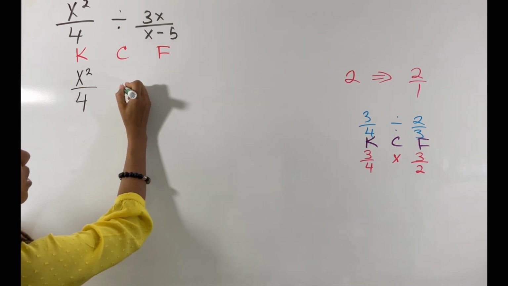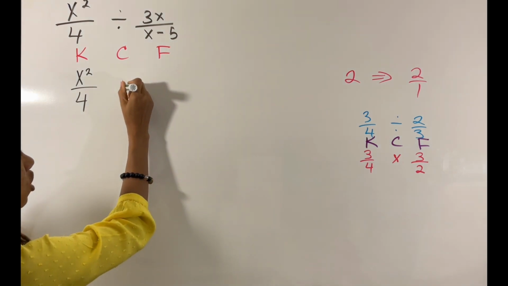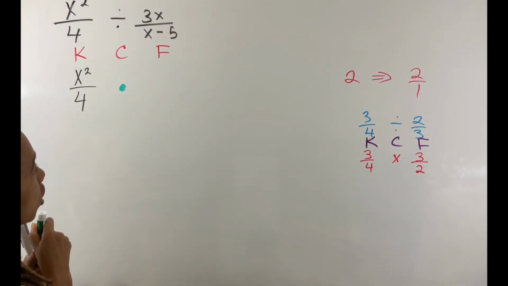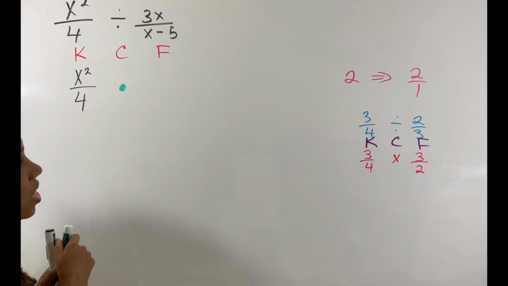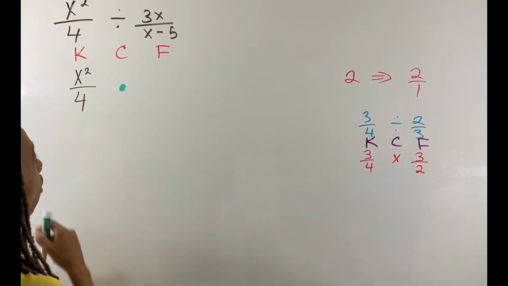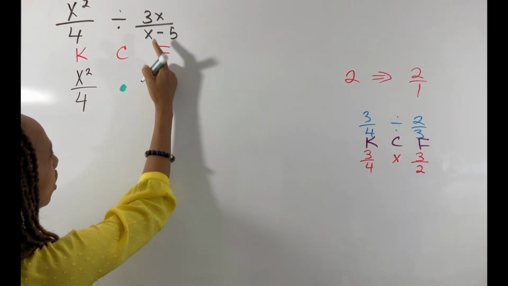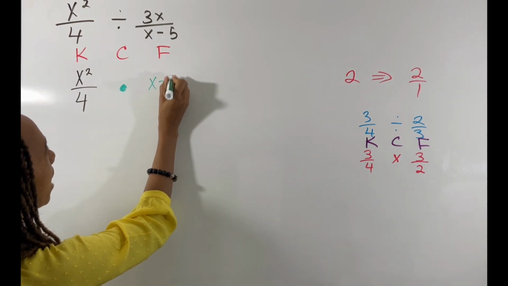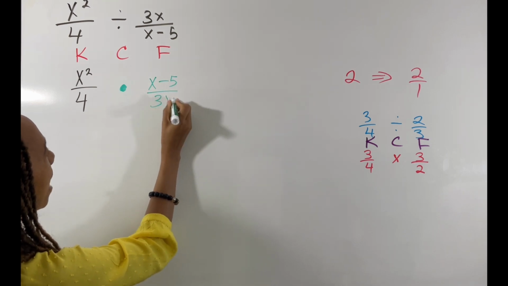I'm just going to put a dot right here, and that dot means yes, you're going to multiply. Now you change that. The next thing that you need to do is flip what you have on the right side. So you need to flip this, and you're going to have now x minus 5 over 3x.